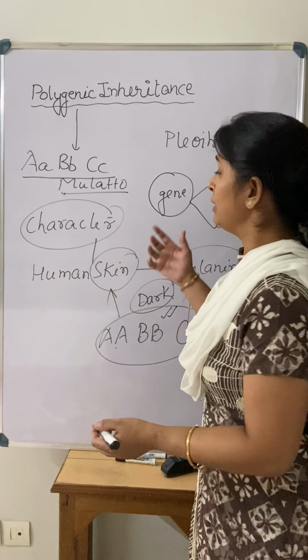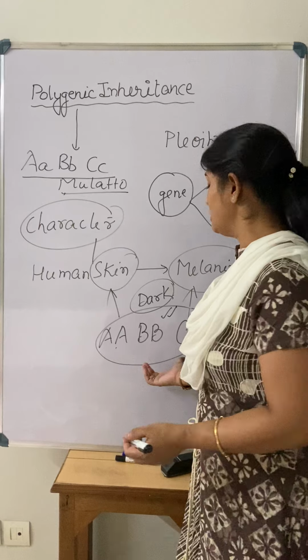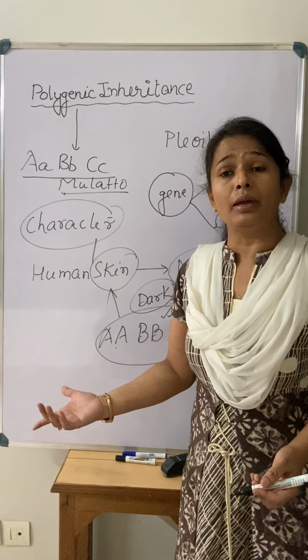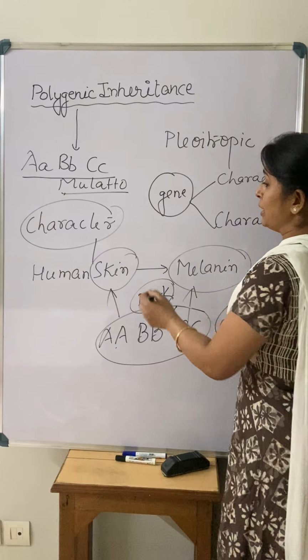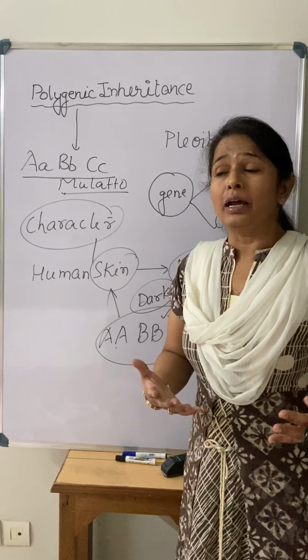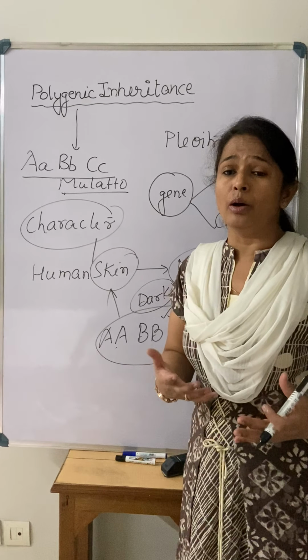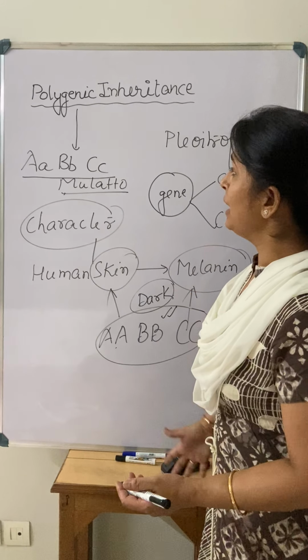There was a possibility of four gametes in the dihybrid cross. Now here I am taking three pairs of alleles, so there is a possibility of how many gametes? Eight types of genotype in a gamete. And when these eight possible genotypes are present in gametes, there is a possibility of how many types? 27. So this is polygenic inheritance.